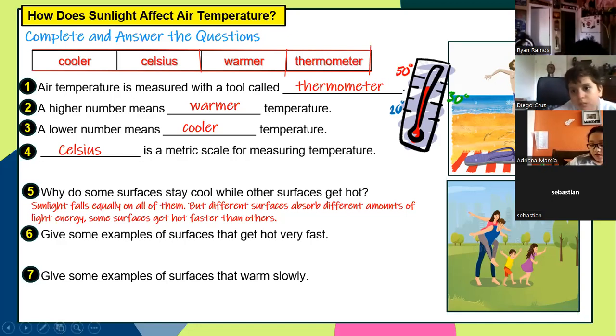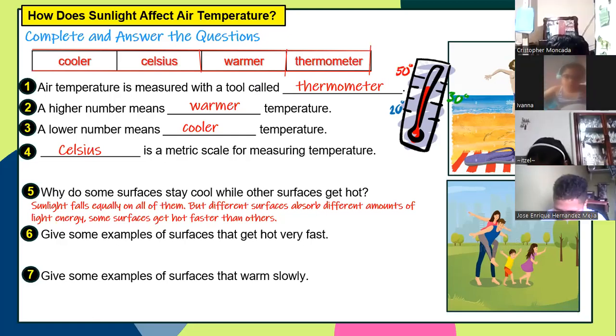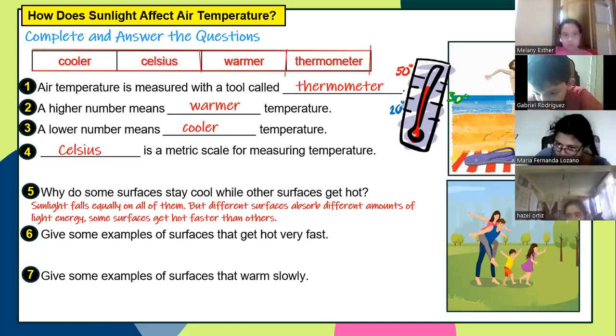Maybe not 1,000 degrees, but the problem is that it is unbearable. Too hot. And if you don't run, you're going to get burned, with a burn on your skin. So you need to run.